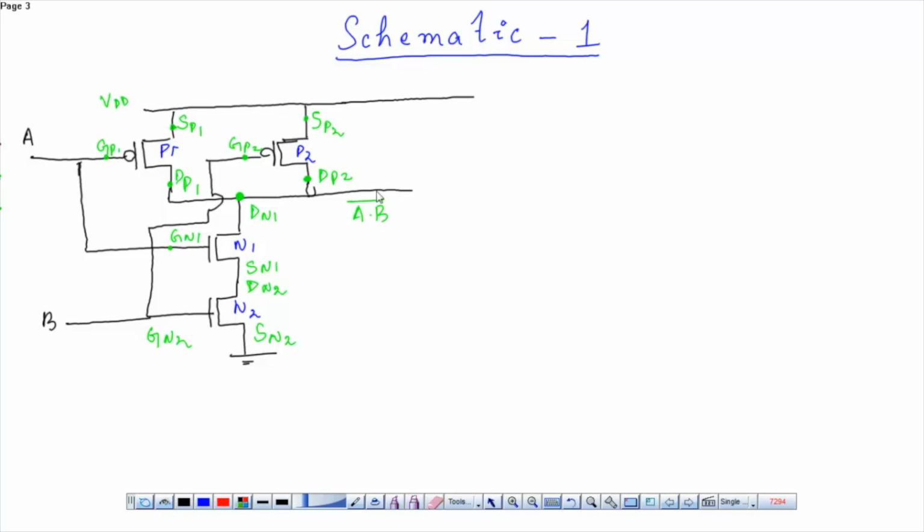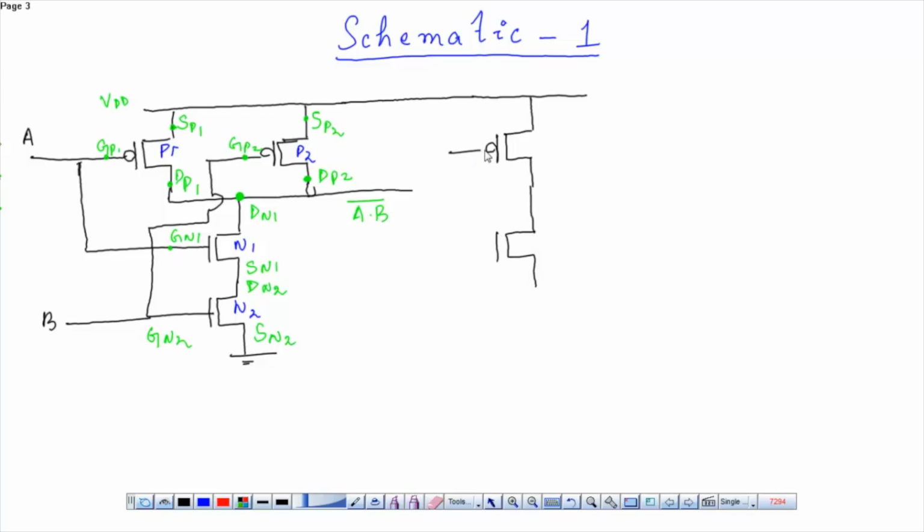Now, in order to obtain A dot B, we have to place the inverter over here. Now this is the VDD line. Let me make this common VDD for the inverter and the NAND gate. So place the PMOS. This is the NMOS.